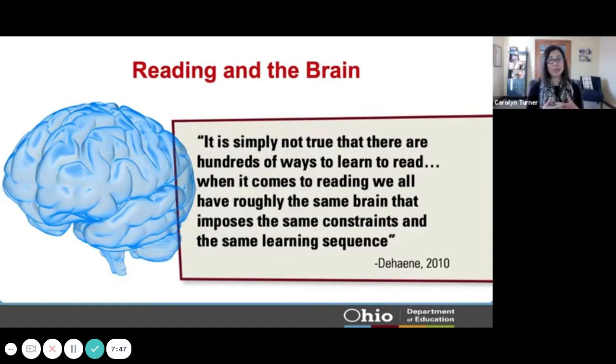However, when it comes to reading, we all have roughly the same brain. Our brain starts out pretty much the same way. And it's what instruction does over time, explicit instruction over time, that really builds those brain networks and helps to really lock in those sounds to those symbols to be proficient readers.